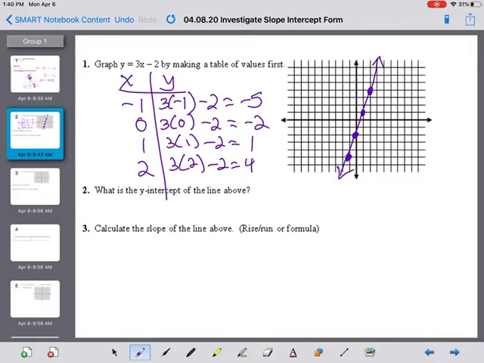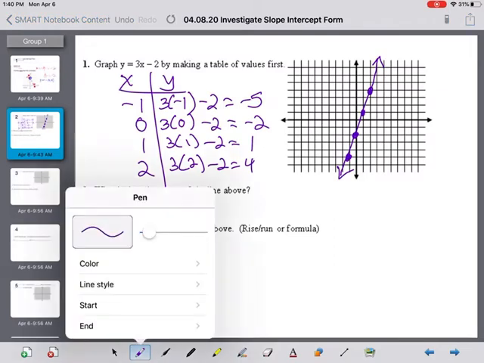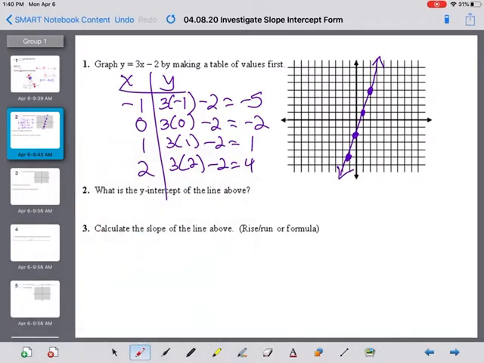So what is the y-intercept of that line? I'll mark that with red. So the y-intercept is here. So what's the ordered pair? (0, -2). And then the slope is, so we go, let's see, up 3, right 1, 3/1, or 3.